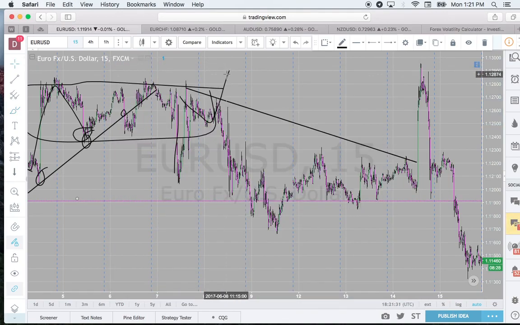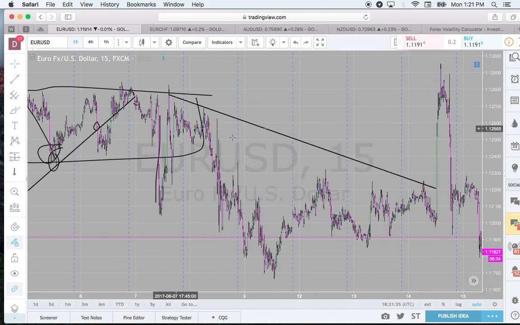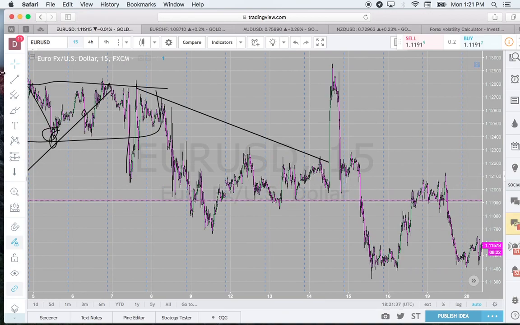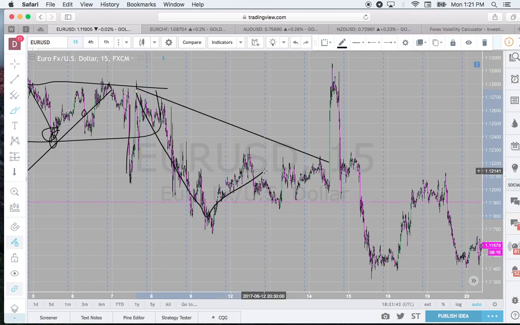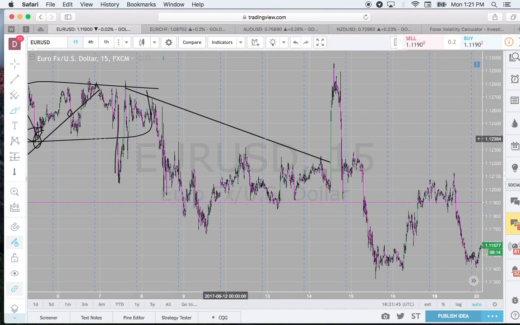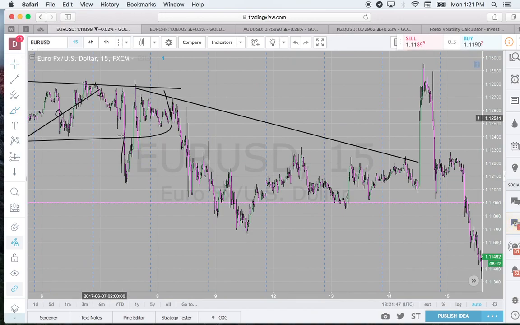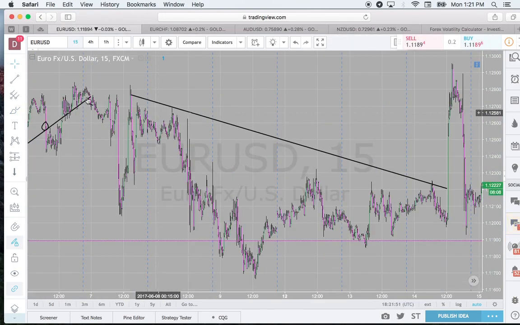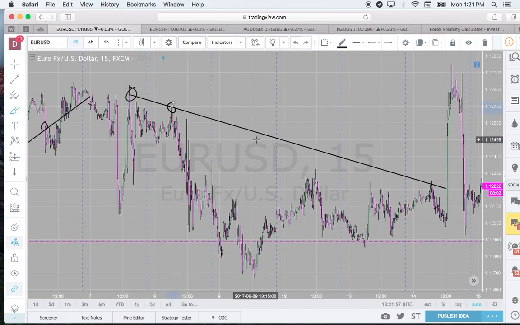Maybe we are going to a downtrend now. What happens? Dealer goes once. Alright, let's remove some of this junk. Alright, the dealer hits the trend line once. He hits it again.